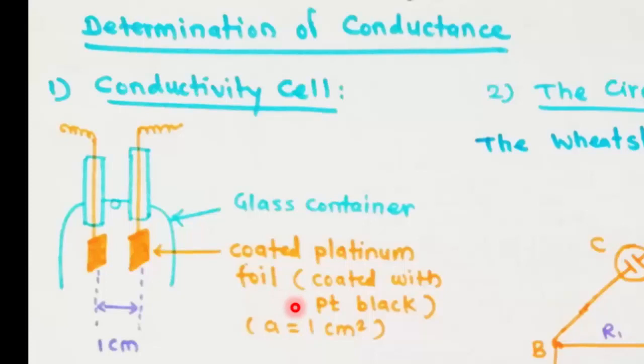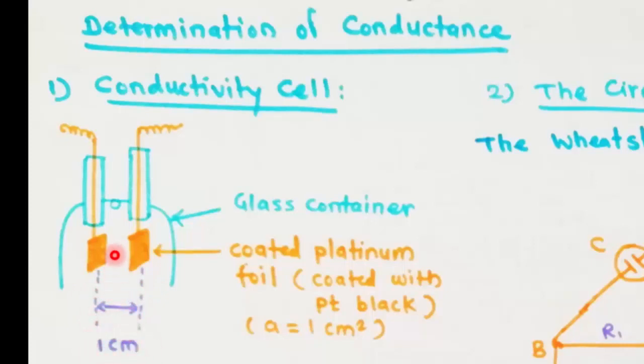Now why is the platinum foil coated? Because it increases the surface area. Second, it helps the electrode become a polarizable electrode. Now the area of each platinum foil is 1 centimeter square, and these two platinum foils are placed from each other at 1 centimeter distance.